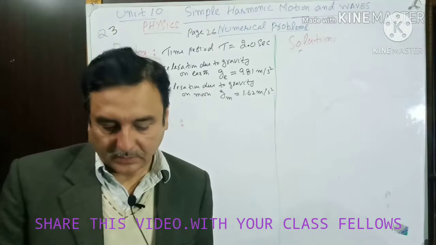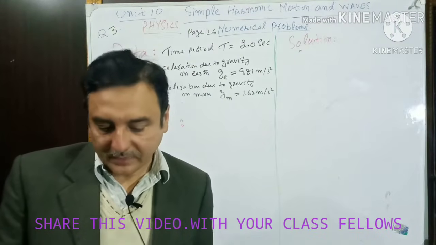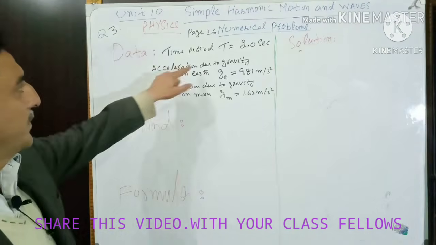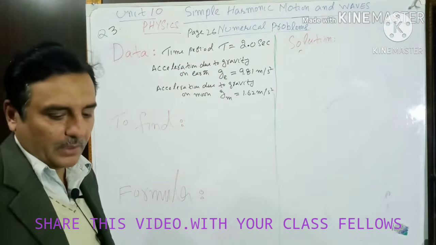अब question number 3 solve करते हैं. A second pendulum is a pendulum with a period of 2.0 second. Time period given है 2.0 second.